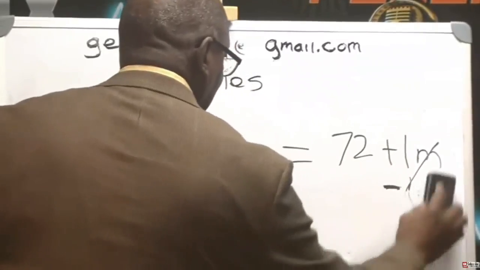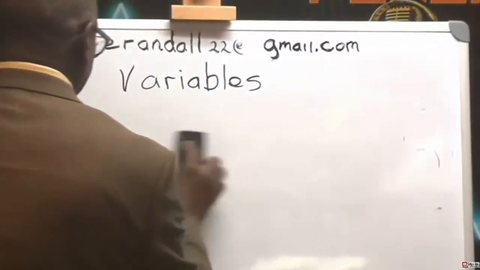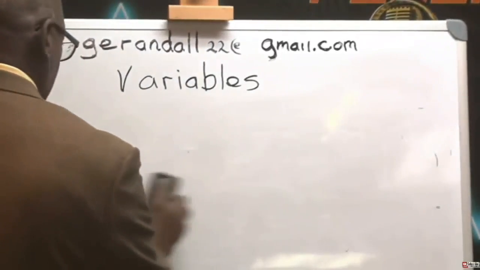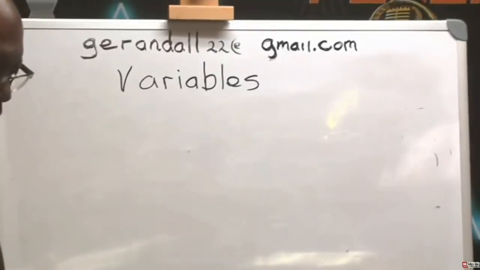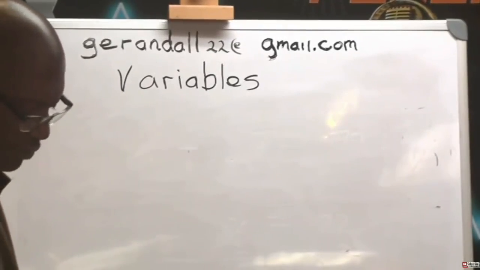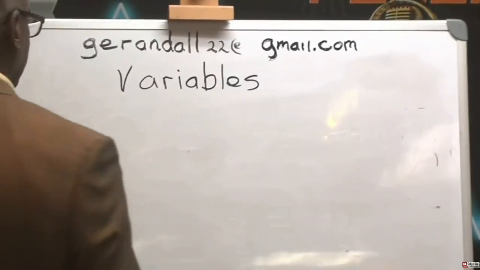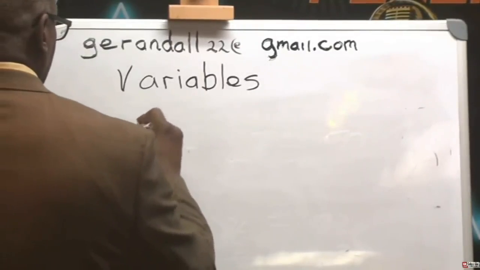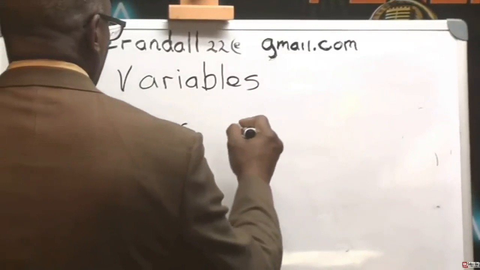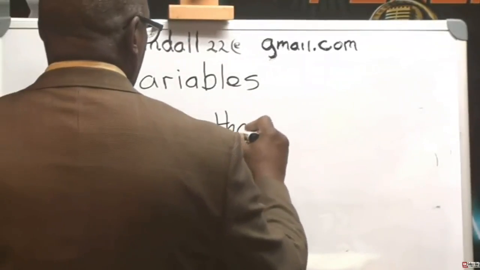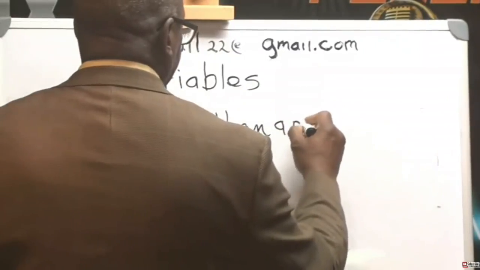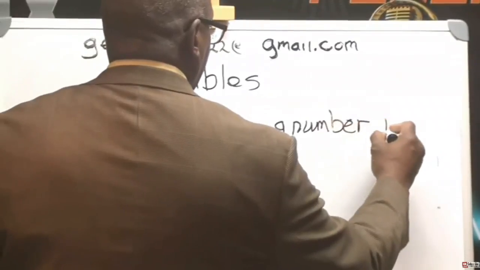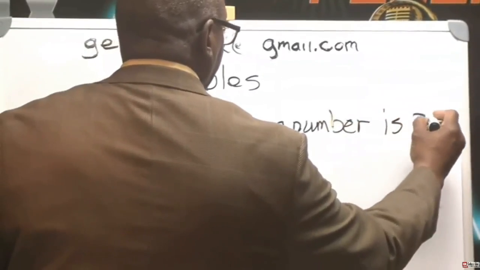But back to that shorthand. And another problem says 7 less than n is 22. So 7 less than a number is 22.